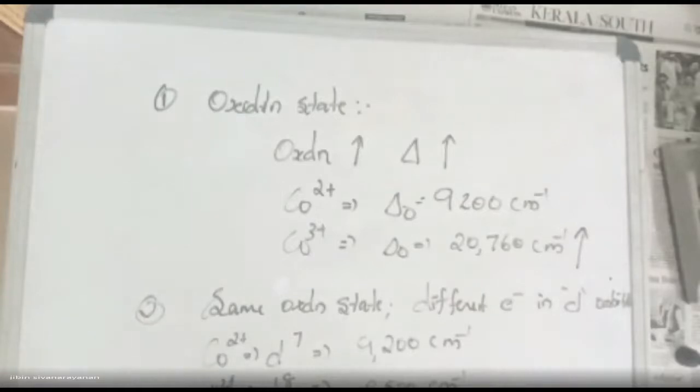As the number of d electrons increases, the splitting decreases, because the nuclear charge is the same but the number of electrons goes on increasing, which means the splitting is decreasing. Sir, bottom side of the board.